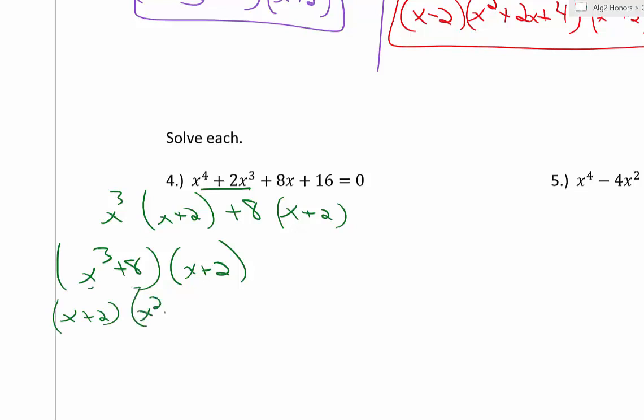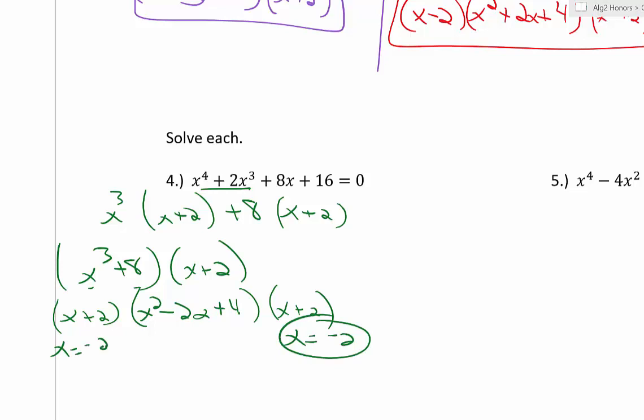The trinomial is x squared minus 2x plus 4, and then another x plus 2. So as we look to solve it, I'm going to get x equals negative 2 and x equals negative 2. We want to solve the one in the middle any which way that you would like. It is not factorable, so that means I'm going to use completing the square.